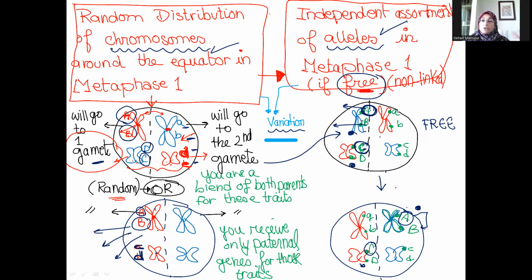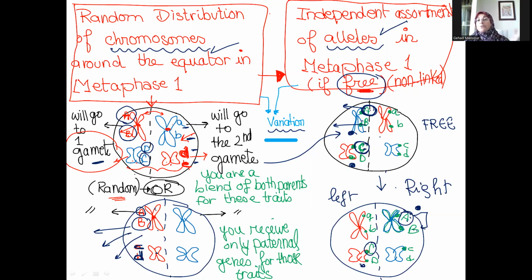But this doesn't mean that there is no variation in the genotype, and this is very important, and this is where the confusion is. So although A and B are linked, and although they go together to one gamete, they might be in the gamete to the left, or they might be in the gamete to the right.